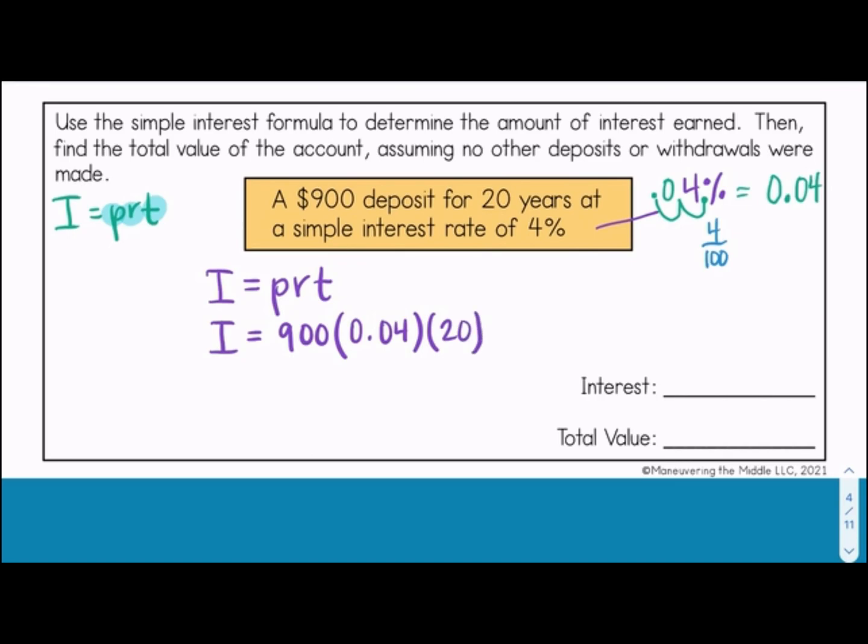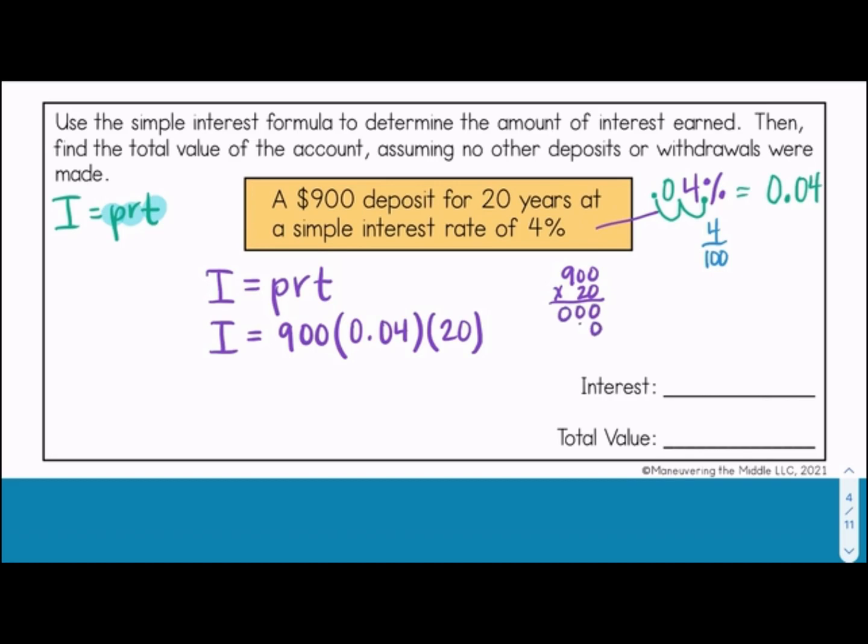Now, when we're solving this by hand without a calculator, I always recommend multiplying the whole numbers before you multiply by the rate with the decimal. It just makes your work a little bit easier. So we would multiply 900 times 20.